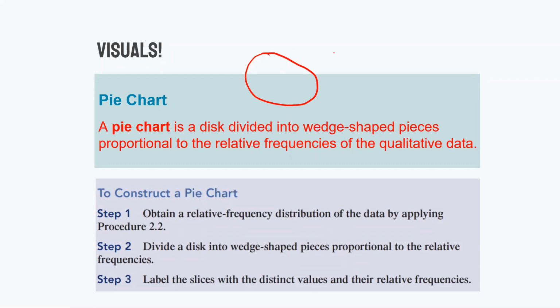So really what you're doing is you're just taking a disk. That's supposed to be a circle. Sorry. Okay, but I was trying. And what you're going to do is cut this up so that the area is proportional to the individual classes. Like this would probably represent 50% of the area, this 25%, and this 25%.